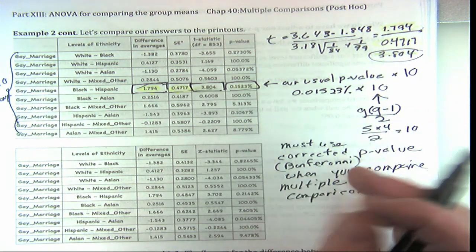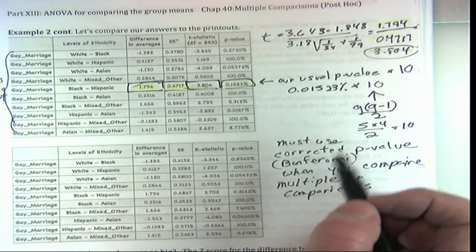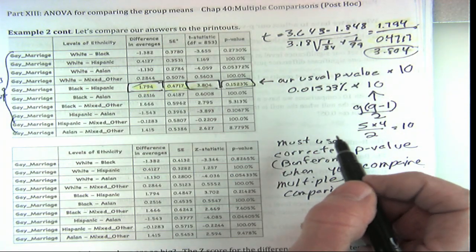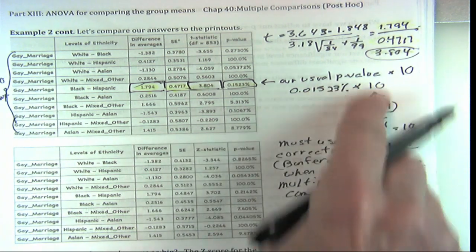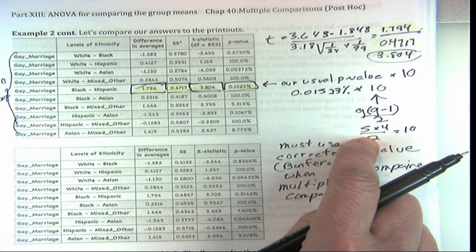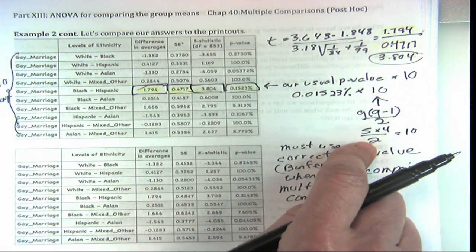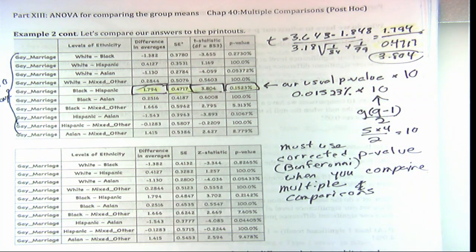You'd expect 5% of them to be statistically significant just by the luck of the draw. So we have to avoid cheating like that, data snooping or p-hacking, like we talked about before. You have to make an adjustment to your p-value by how many comparisons you had.